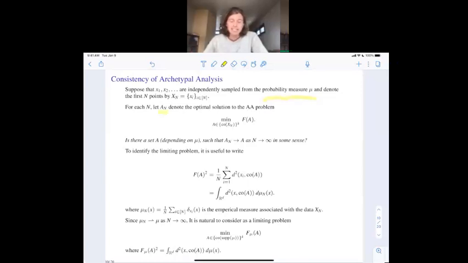So for each n, after I've sampled n points, I'm going to compute my optimal polytope, and I'm going to call that A_n. So then the consistency question is: is there a set A so that A_n converges to A in some sense as my number of points n goes to infinity?